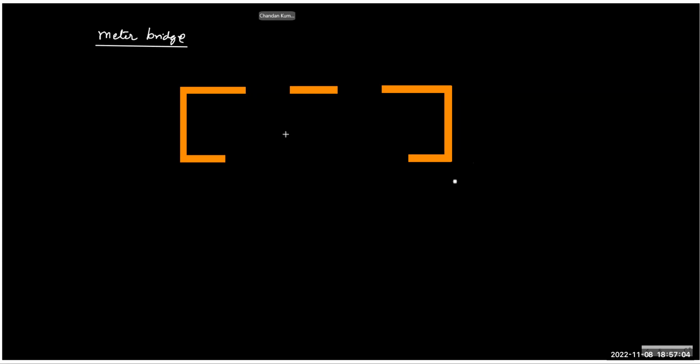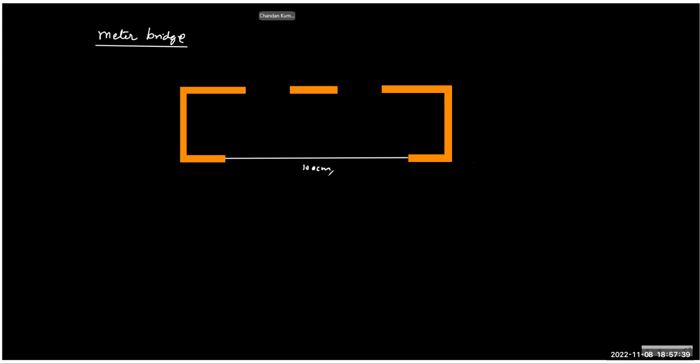This is a metal strip which is mounted, or you can say fitted, on a wooden desk or table, and a resistance in the form of a wire is connected from here to here. The length of this wire is exactly 1 meter, and that is why it is called the meter bridge. Okay, so now I know why the name.